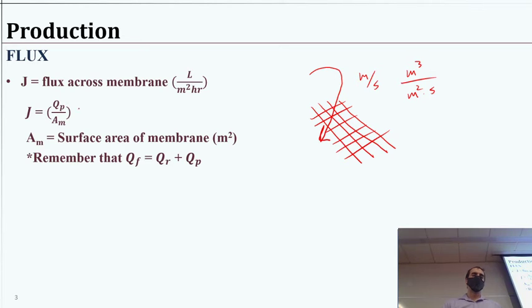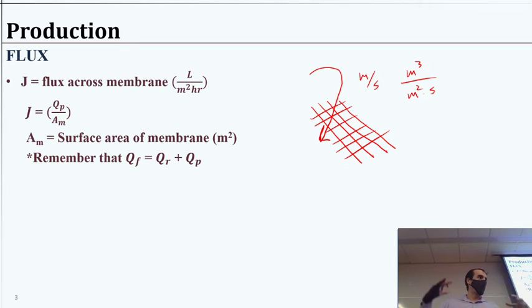We could think about it and say, well, is it the Q feed over the area? I would say that's not correct, because that's not actually passing through. The membrane is receiving that amount of flow, but some of it's just passing along. We do need to do this on the basis of the permeate in order for that to make sense. Okay, and A_M here is the surface area of the membrane.